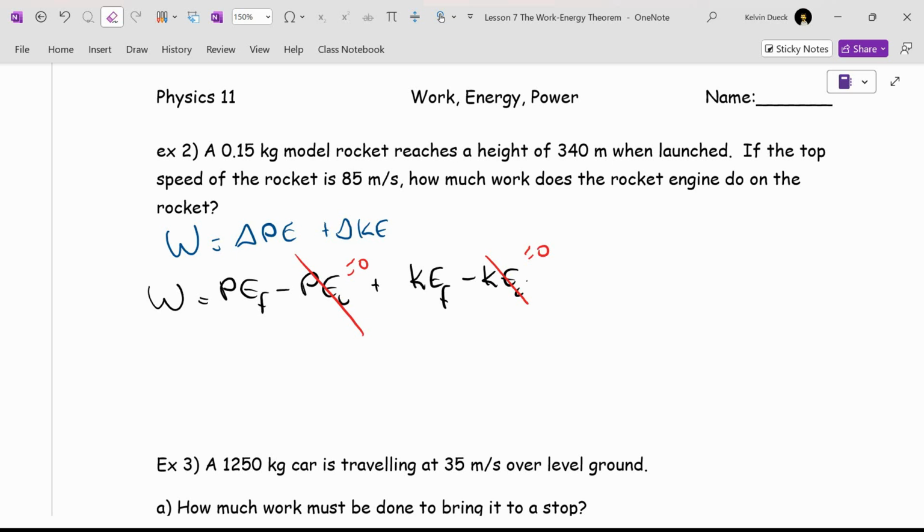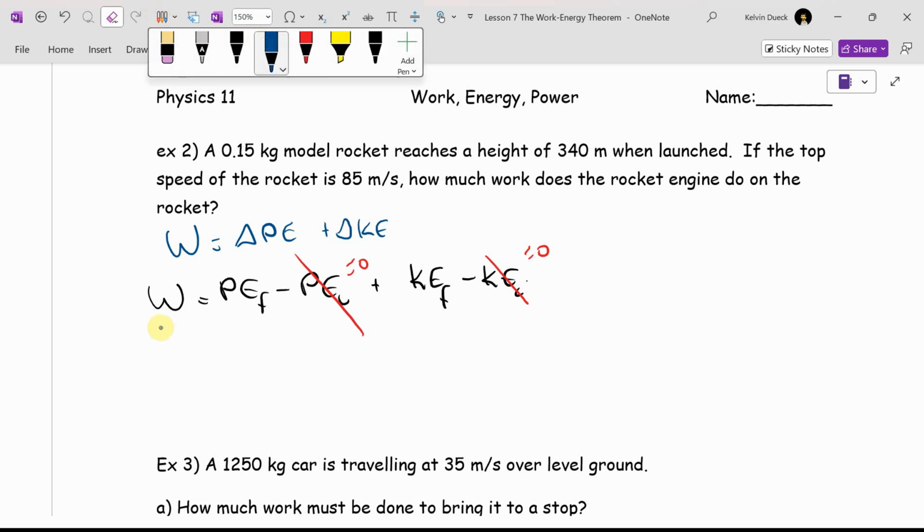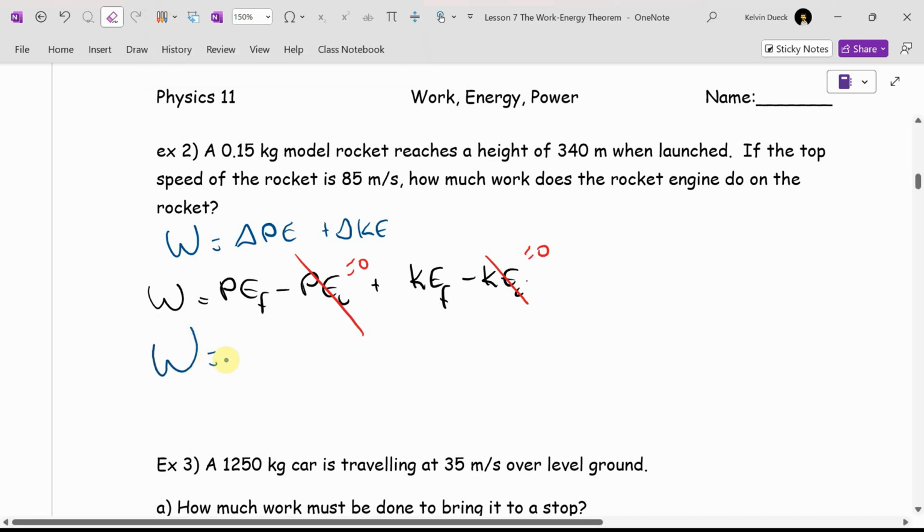Cade, what's the equation for gravitational potential energy? Gravitational potential energy, PE. It's right next to the 1/2 one. Three letters.